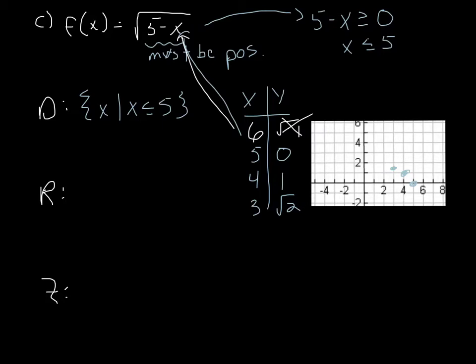Don't know what it looks like, do you? Okay, cool. So that's our domain. Only numbers less than 5 are you allowed to plug in. You can also go ahead and sketch this curve if you want. Looks like half of a parabola. That's what it is. It's half a parabola, but it's turned sideways. And it's kind of going backwards.